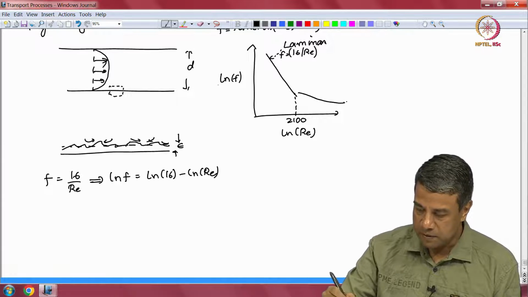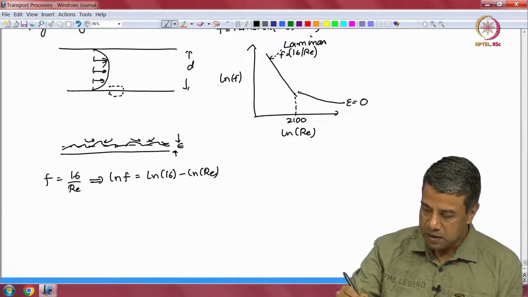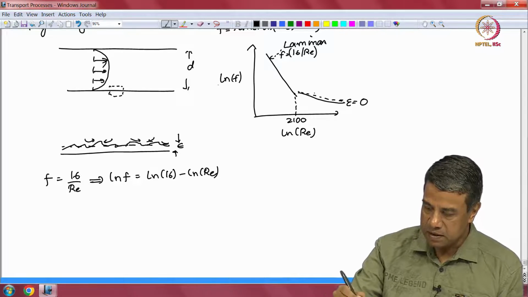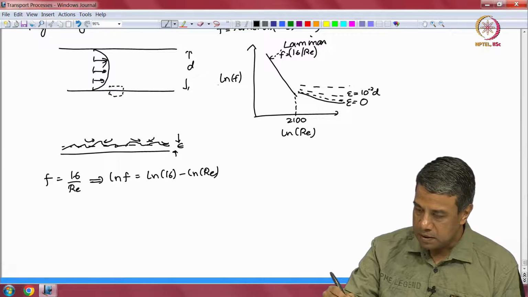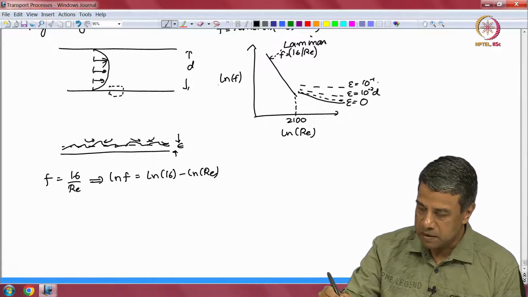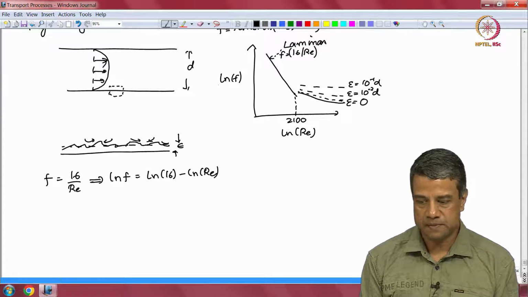For a smooth pipe, for epsilon equal to 0, there is no roughness, you get a curve something like this, and then you get different curves as this roughness factor increases. This is, for example, epsilon equal to 10 power minus 2 times d. Epsilon equal to 10 power minus 1 times d, and so on. So, you get different curves depending upon the roughness.